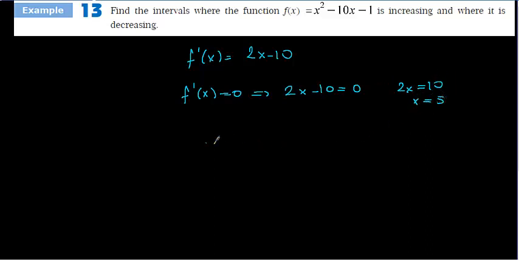So I find the critical point. Here this is the minus infinity side, this is the plus infinity side, and the critical value is 5. For f'(x), when the values are greater than 5, this is positive, so plus, and here it's going to be a minus sign.